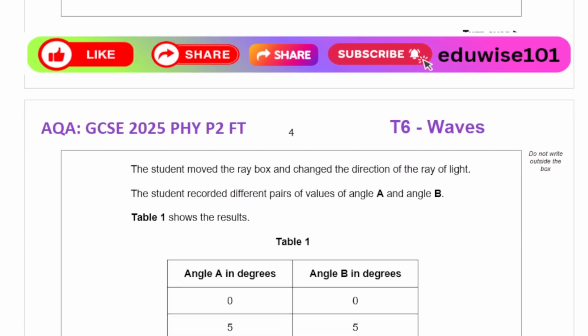The student moved the ray box and changed the direction of the ray of light. The student recorded different pairs of values of angle A and angle B. Table 1 shows the results.